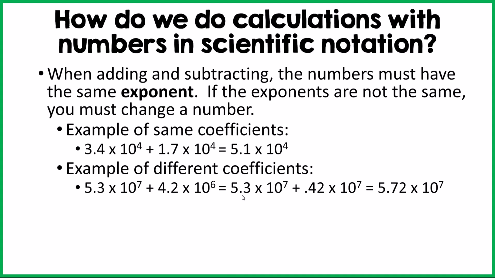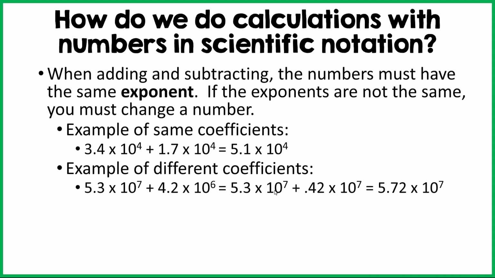I've chosen 10 to the 7th here, so we'll keep the 5.3 times 10 to the 7th the same. And we're going to alter this by moving the decimal one space to the left, because that means that we would need to move it one extra space in order to make it 10 to the 6th. So this number is going to be the same as 4.2 times 10 to the 6th.